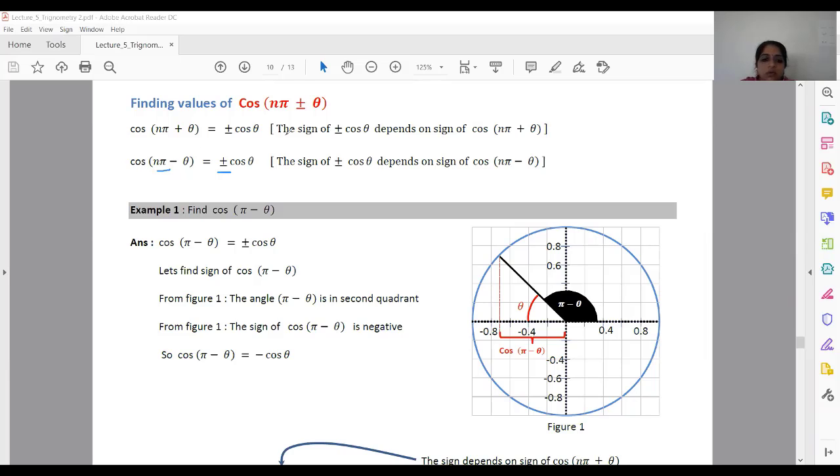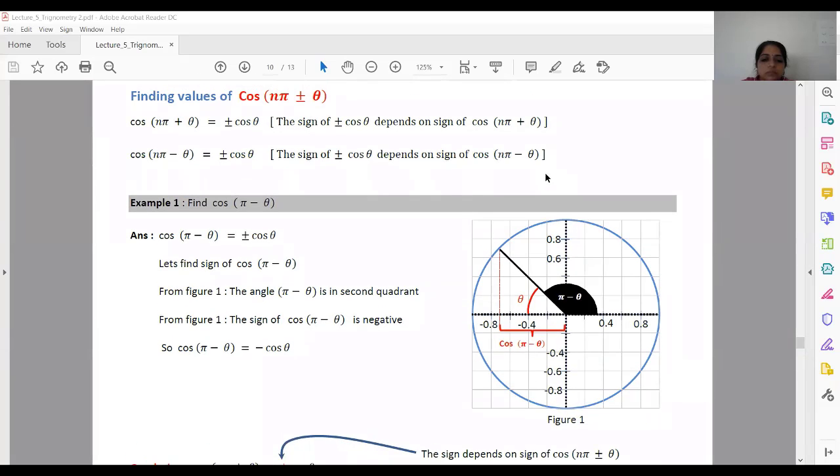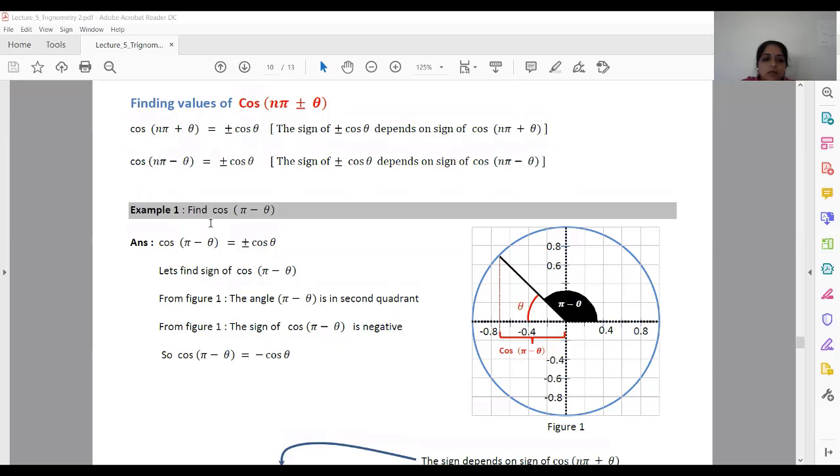Okay, so let's take an example. Find cos of pi minus theta. So pi minus theta means this is the pi, right? Minus theta, so it is in the clockwise direction. So it is in the second quadrant. In the second quadrant, cos is negative.